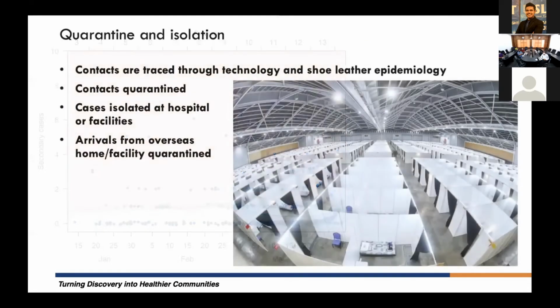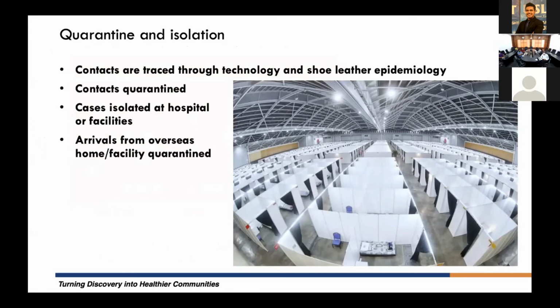Now, one of the other things which I think differentiates many Asian countries from many European or American countries is that we take quarantine and isolation very seriously in Asia. The people that we identify through contact tracing, we quarantine at home, at least in Singapore.